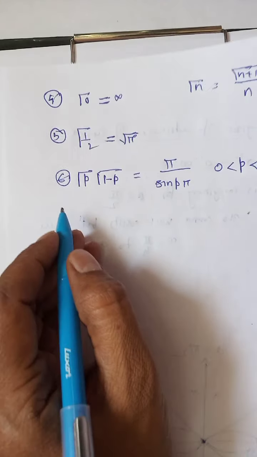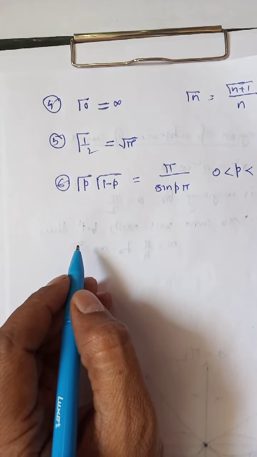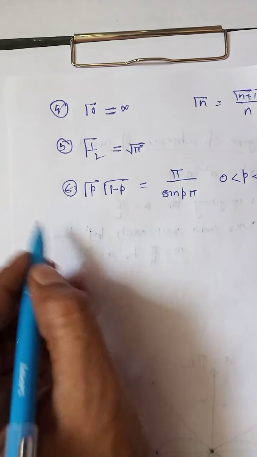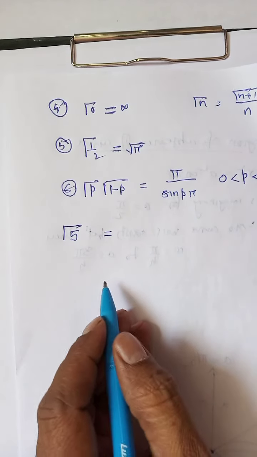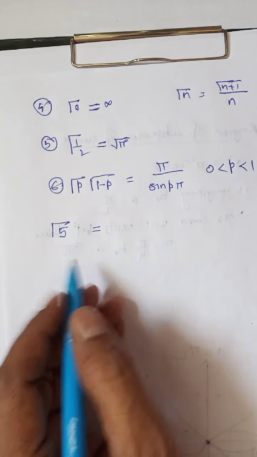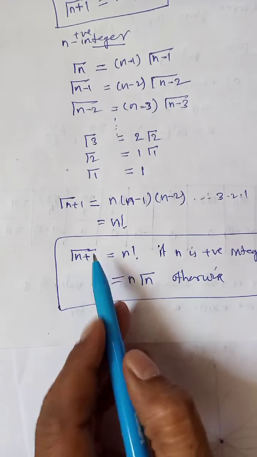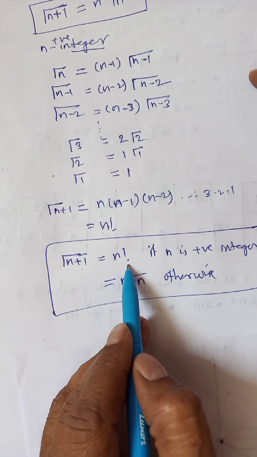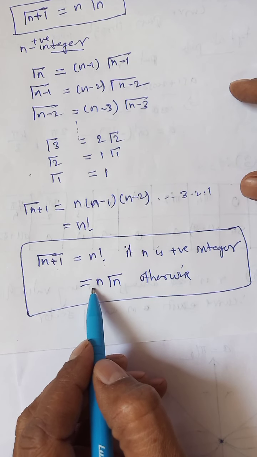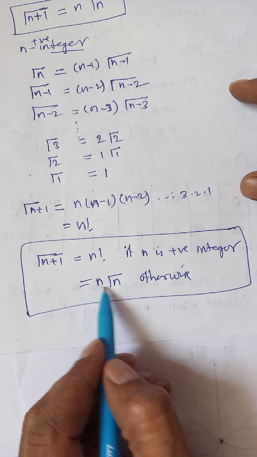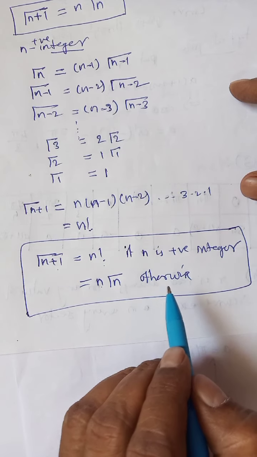Now we'll discuss how to evaluate the values of gamma n. See, gamma 5. We have this result here, right? Gamma n plus 1 is factorial n if n is a positive integer, or it is n into gamma n otherwise.